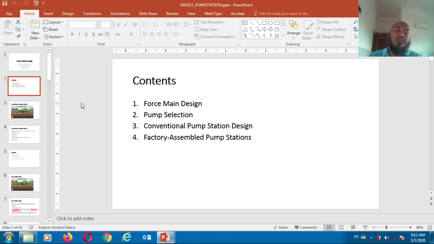This pipe we call the force main. In order to design the pump, we need the total head of the pump, the total head inside the system.